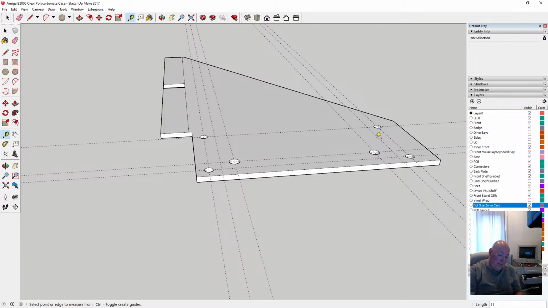Looks 5mm, maybe 5.5. 5.5, let's say. So we go this way at 2.75, and this way 2.75, and then we draw a line. Now we draw a box.